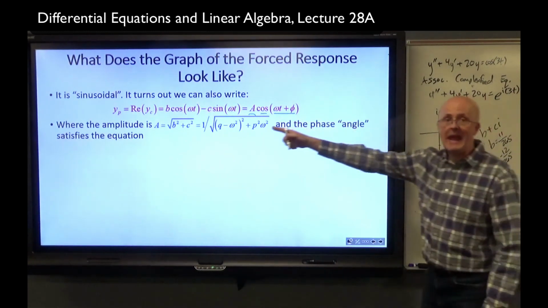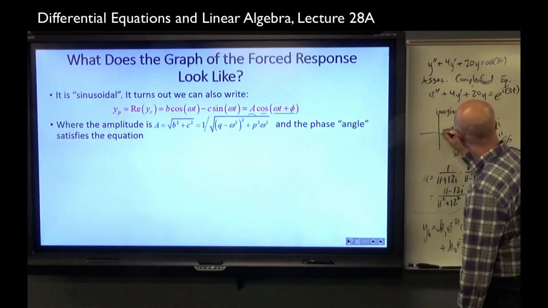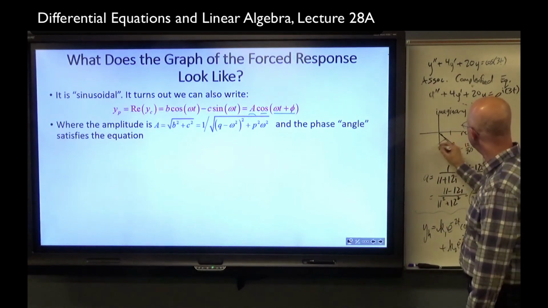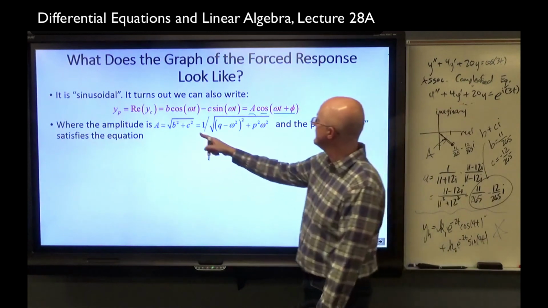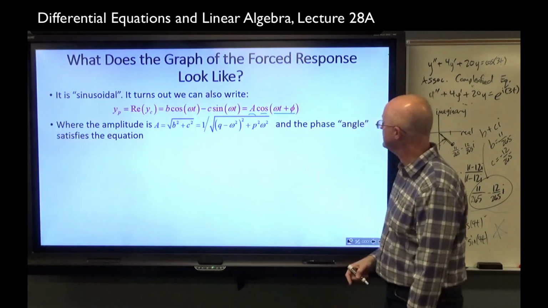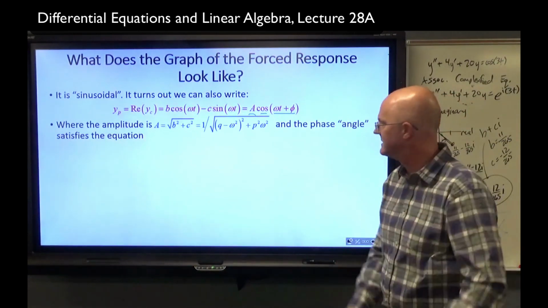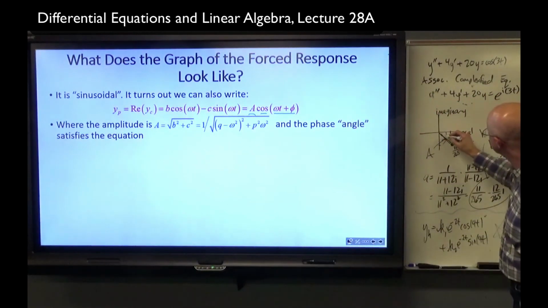It turns out the amplitude is the distance between that point and the origin. This distance right there turns out to equal the amplitude of the sinusoid. Equals that. It also, in terms of p, q and omega, can be verified to equal this. And it turns out this phase angle, in quotes because in here there's no angle. Over here there is an angle. It's this angle.